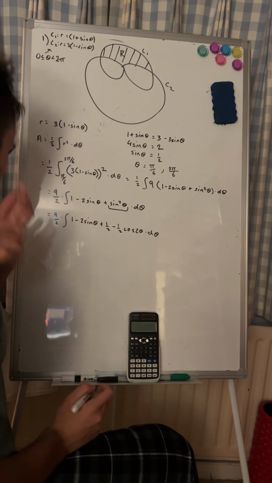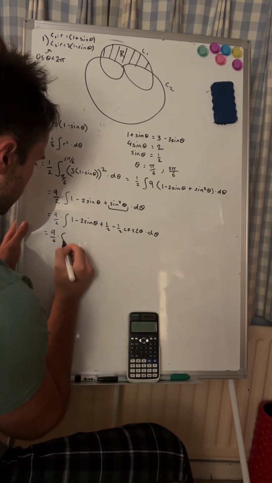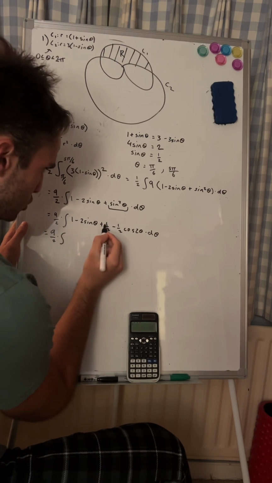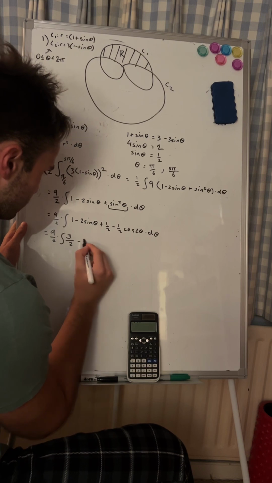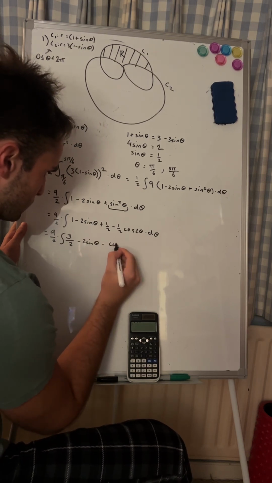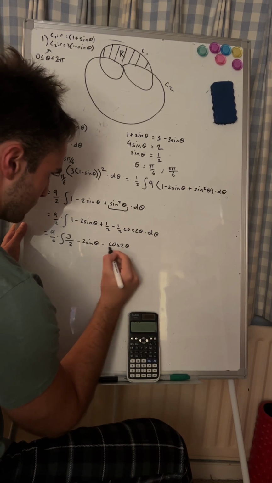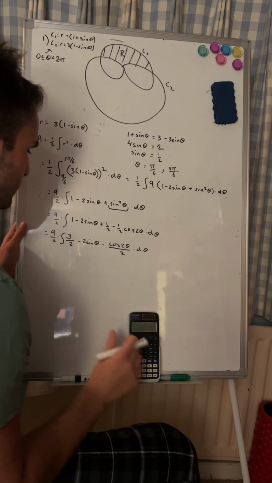Now first we can clean it up a tiny bit, where we're going to say that 1 plus a half is 3 over 2, because that's 1.5, minus 2 sine theta minus cos 2 theta over 2, times d theta. Now we can integrate this.